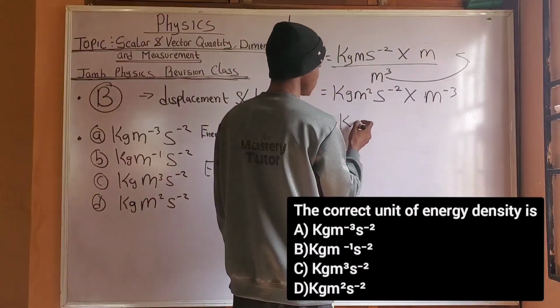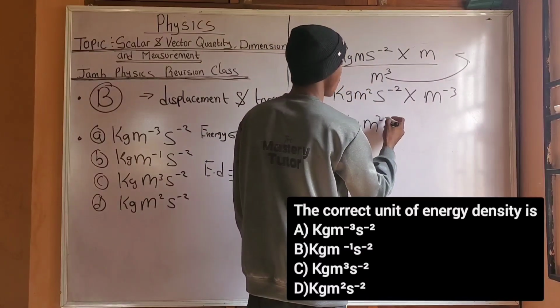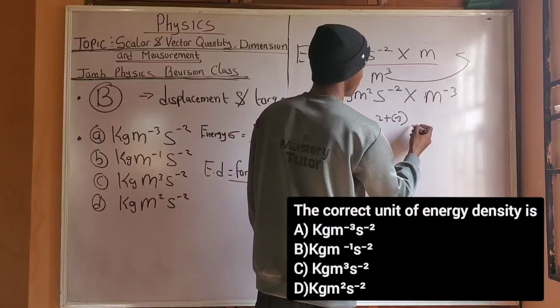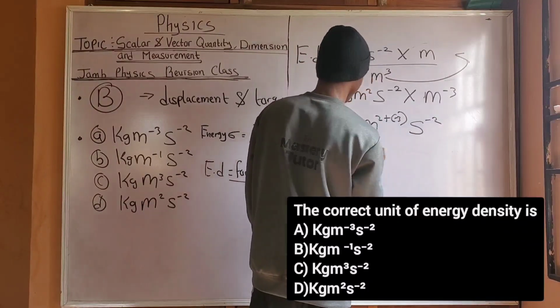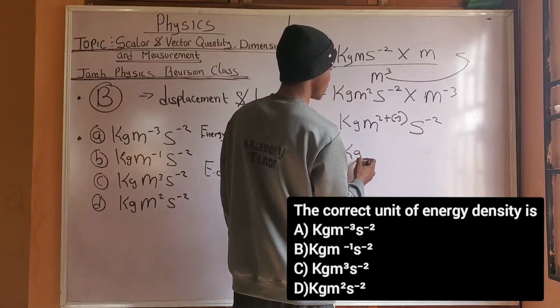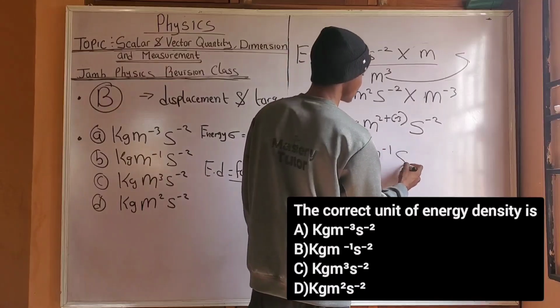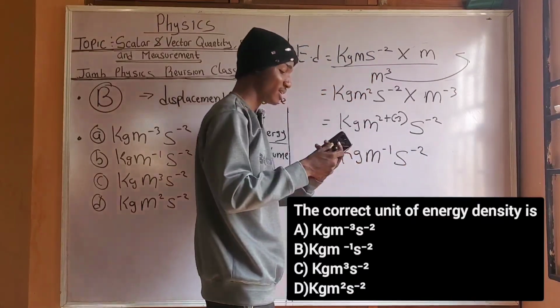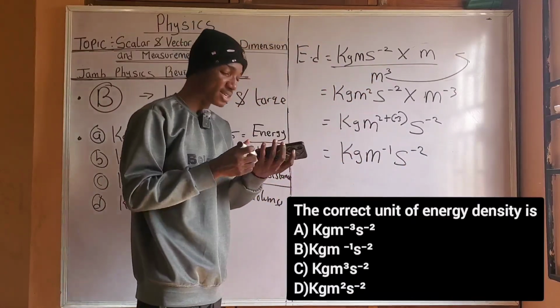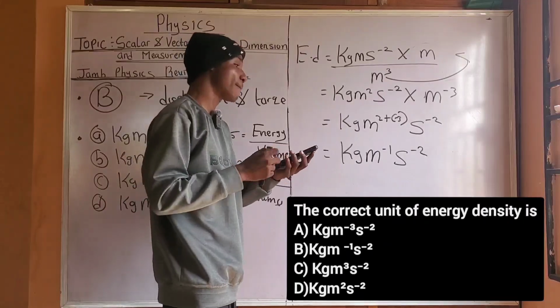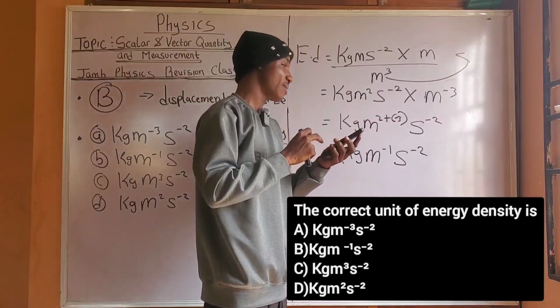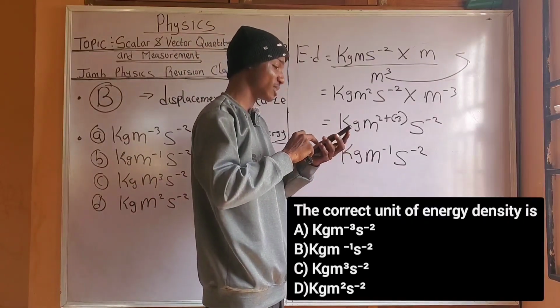So m raised to the power of 2 plus -3, multiplied by s raised to the power of -2. Here I'm going to have m raised to the power of -1, s raised to the power of -2. So the correct unit of energy density is kilogram per meter per second squared.